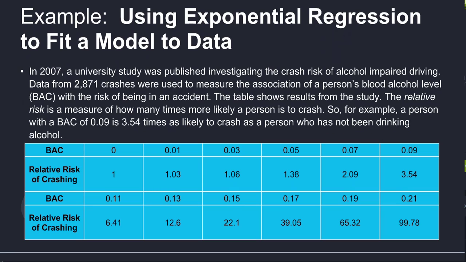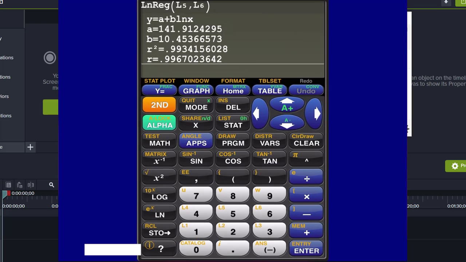So, very interesting table. Now, there was not enough room to list the whole table, so you notice your X's are here. This is one list of X's. And then your Y's are here and here. So if you're going to use the TI-84 calculator, let me clear this out.